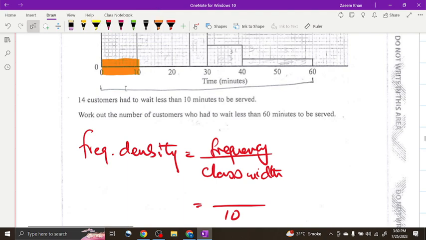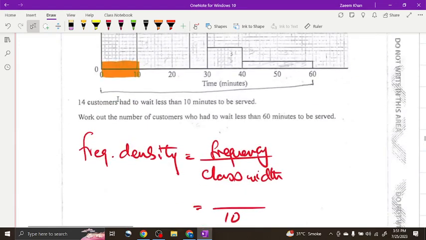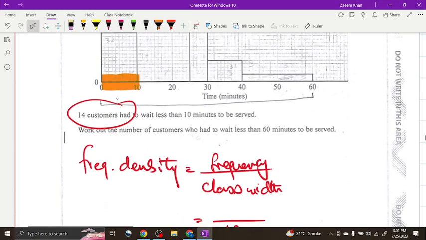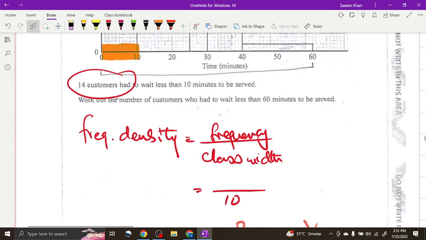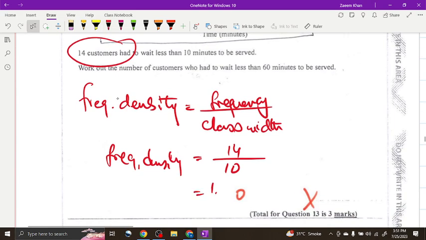Frequency, how much is the frequency over here? They're also saying there were 14 customers, so the frequency is 14. So we can write frequency density on the left as it is. We plugged in 14 in the place of customers. We plugged in 10 in the place of class width because 0 to 10 is 10. We divide this, we get 1.4.